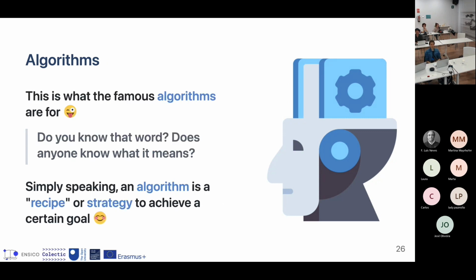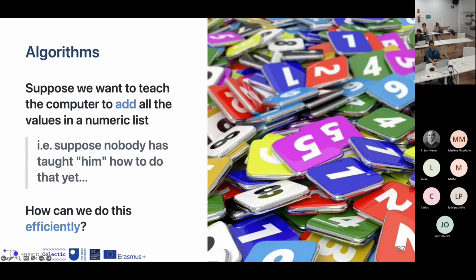This is what algorithms are for. It's a very popular word that I explained intuitively, but now we are actually going to write algorithms and talk about the divide and conquer strategy, which is a really powerful strategy to write algorithms and to solve problems.